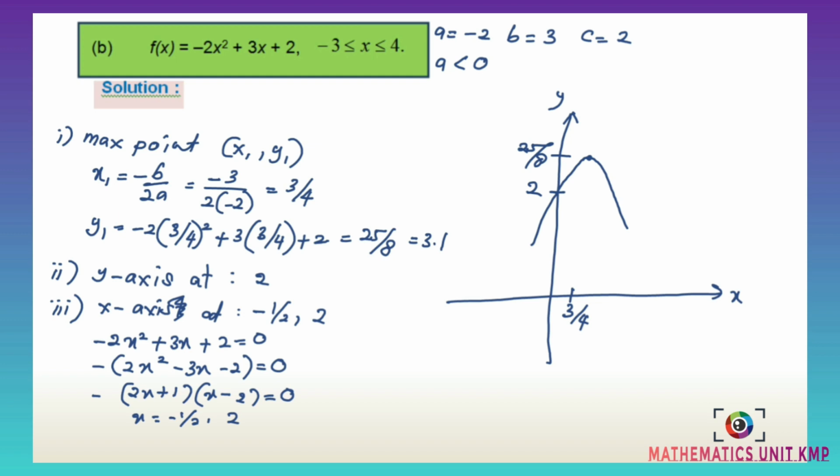Before we complete the graph, note the constraint: x is greater than or equal to negative 3 and less than or equal to 4. When x equals negative 3, substituting negative 3 into the function gives y equal to negative 25. And when x equals 4, y equals negative 18.